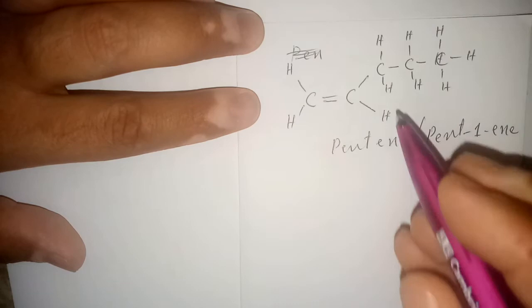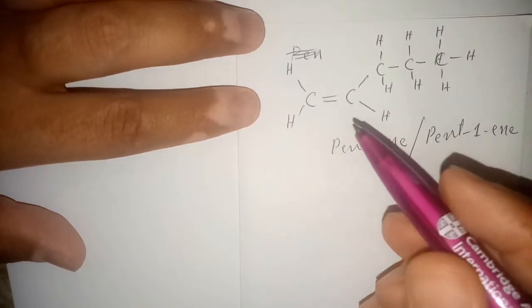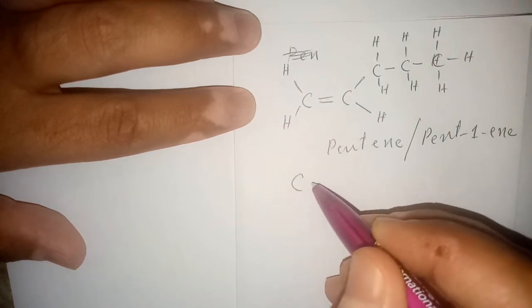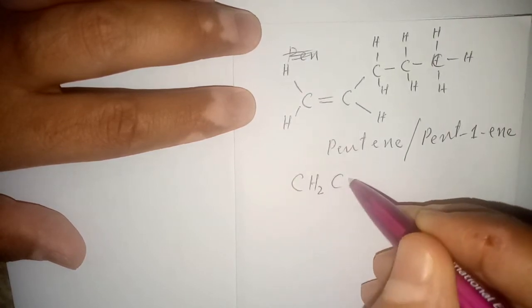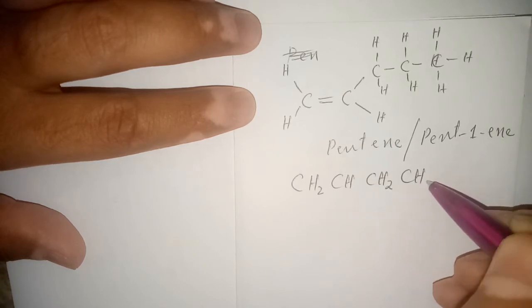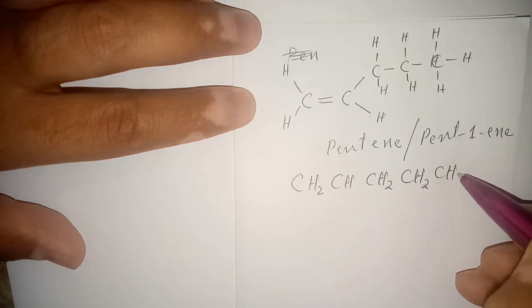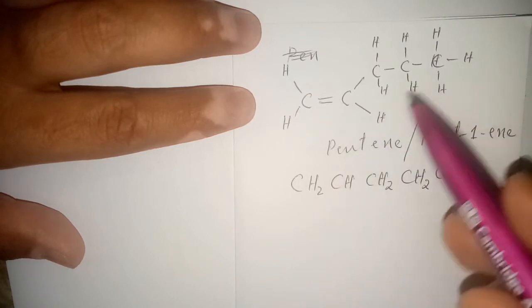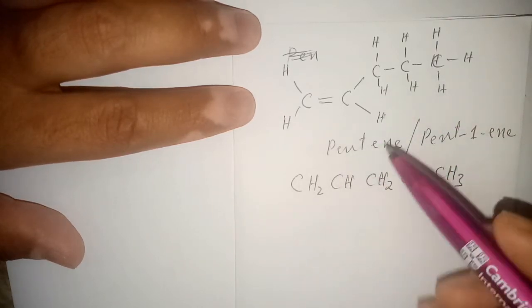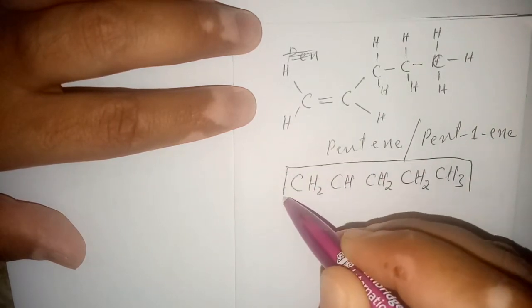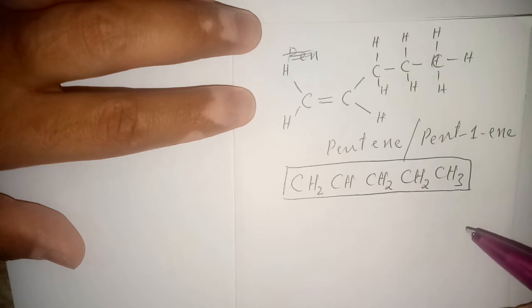Got it? So the structural formula will be, again you have to pause the video and try it on your own. If you complete the structural formula like this, it's correct and you have successfully learned how to write the structural formula.